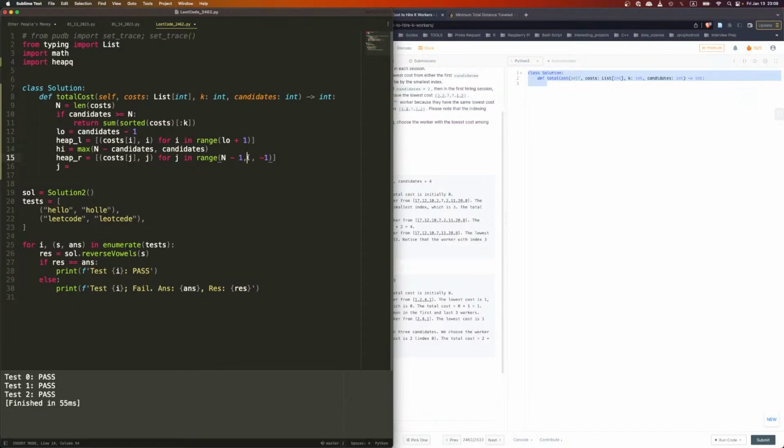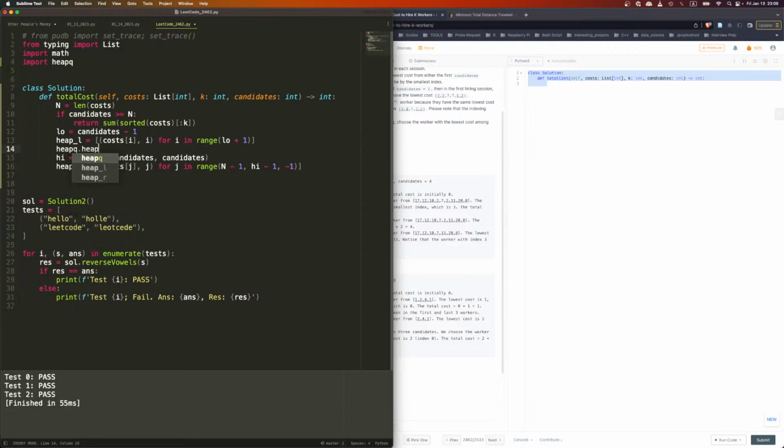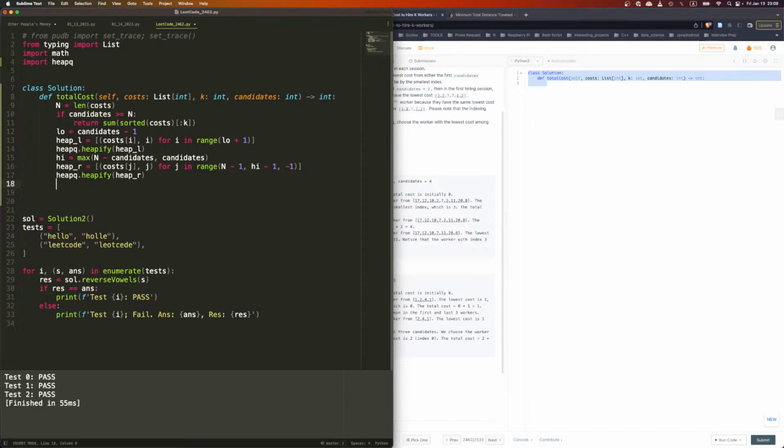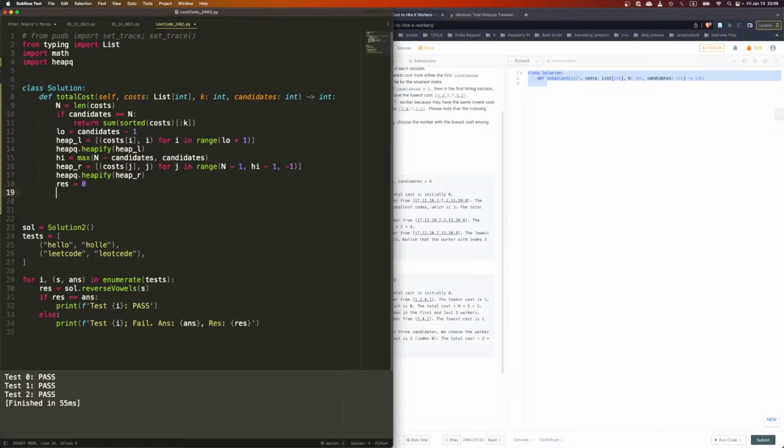So here is going to be high minus 1. That's more likely. Of course, also we say heapq.heapify heap L, heapq.heapify heap R. Okay, so we have a low and a high, and then rest is 0.